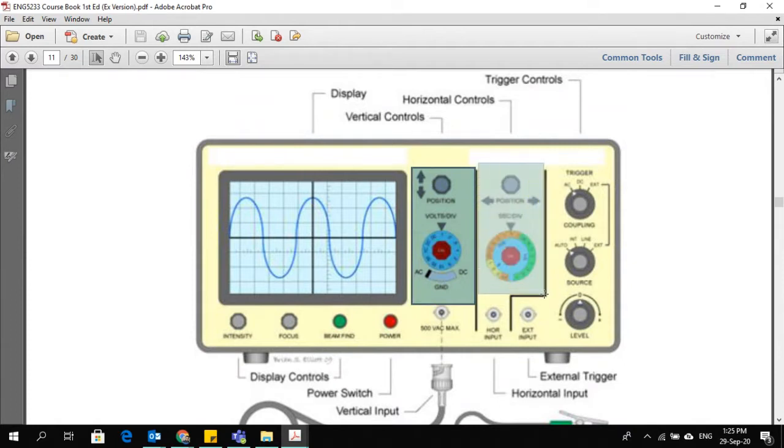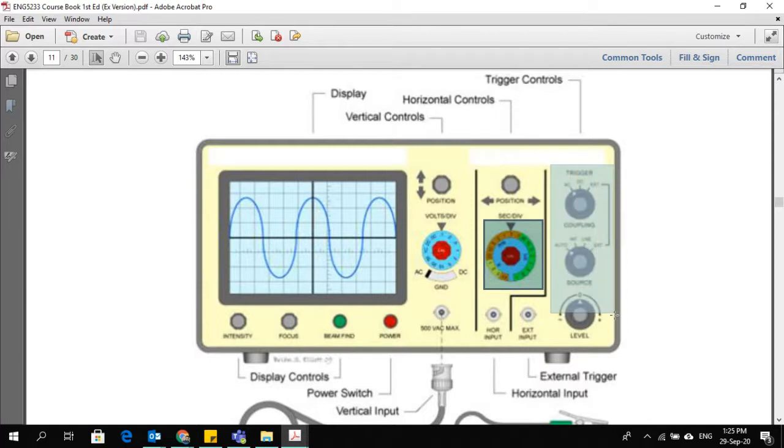Horizontal controls adjust the time scale, which is on the x-axis. The first one adjusts the position of the wave, left or right. Then for the time, there is a selector switch to adjust the time per division. If you want to make one division equal to 1 second or 500 milliseconds or whatever, you can select it from here.